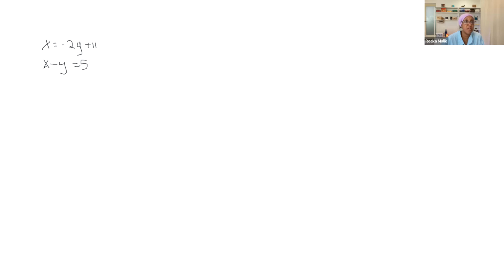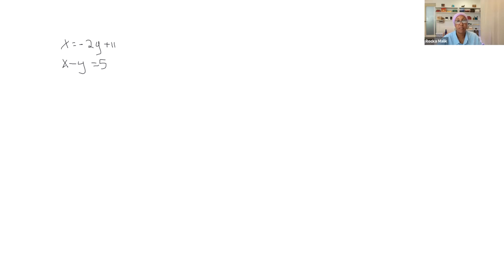But this way they want to show you the substitution method, which is usually best to do when you already have an isolated variable, meaning you already have an X equals and all that junk, or you already have Y equals and all that junk. And then you can substitute one into the other.